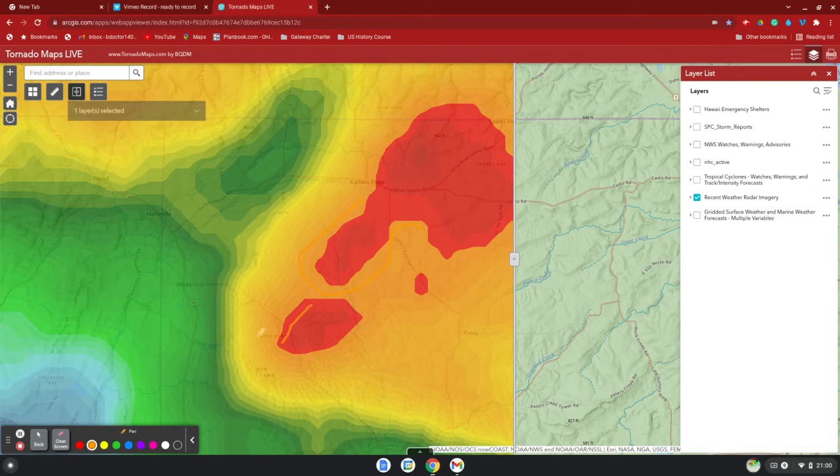The hook echo is indicative of some type of severe rotating weather. In this case, it could be a tornado, but we don't know because weather radar doesn't allow us to see that kind of rotation. We can tell that's a classic TVS, tornado vortex signature, but we are not sure unless we have spotters on the ground.